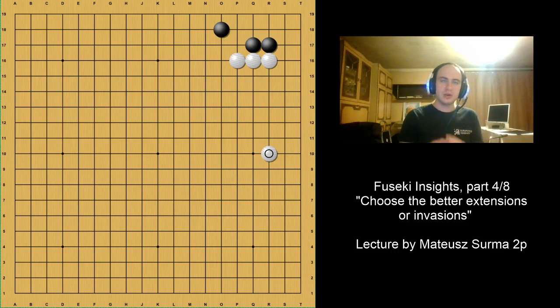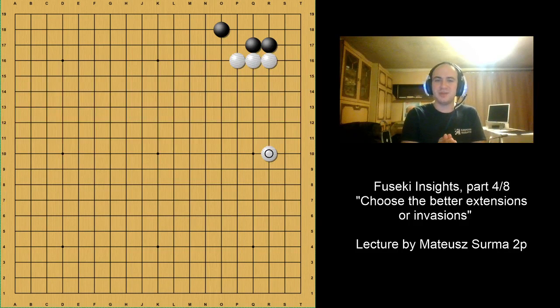And this is also a very nice thing to know, that it's good to have many possibilities. This is a very important thing. When we have more possibilities, we can always adjust and play the option which is more interesting for us at the moment when we play it. So, for example, when we can get a wall or a territory, and we can choose which one of these two options we get, it's better for us, right?